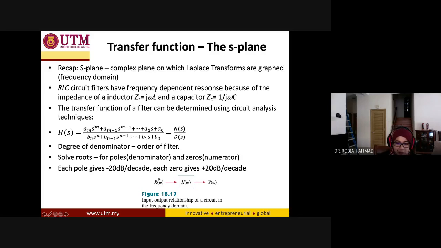So in order to have some idea of the input and output relationship of a circuit in the frequency domain, let us look at this figure, figure 18.7. You have the input, the RLC circuit, and then the output, and you want to look at the relationship between the input and the output, which we can define using the transfer function.